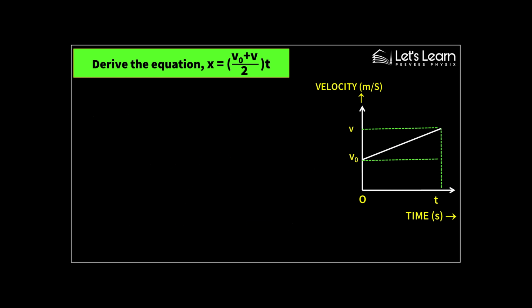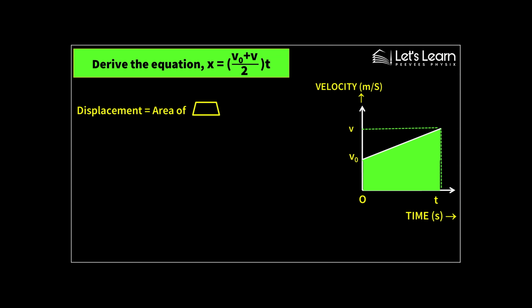The third equation, we wanted displacement. Same as before, displacement is the area under the graph. Here, we just go for the area of a trapezium. And the formula for area of trapezium is half one of the two parallel sides, A, plus the other parallel side, B, times the height between the two, which means the distance between the two parallel sides.